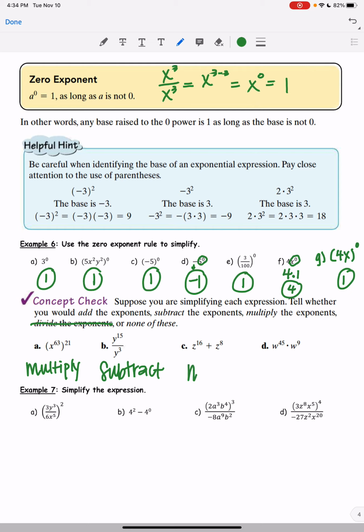There's nothing for whenever we add terms together. And these even wouldn't be like terms because they got different exponents. So just none. And then on D, W to the 45 times W to the 9th. That's your product rule. Your product rule tells you to add.